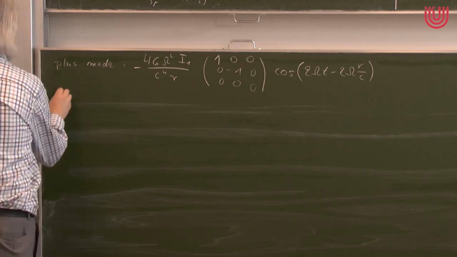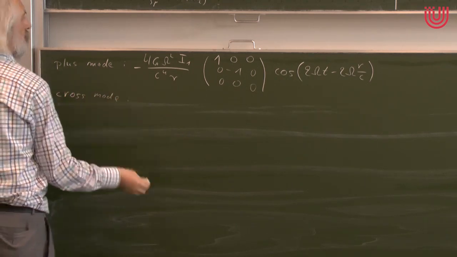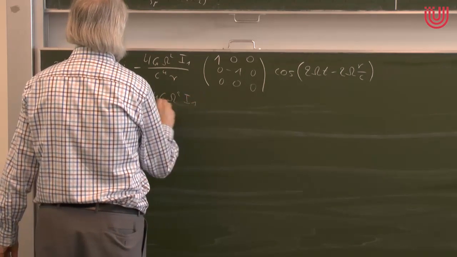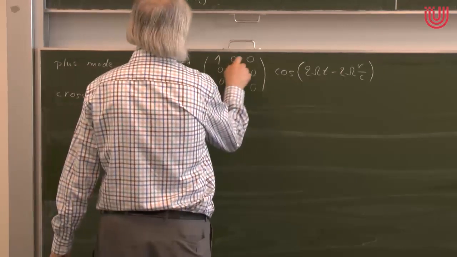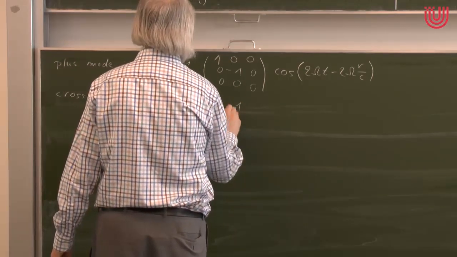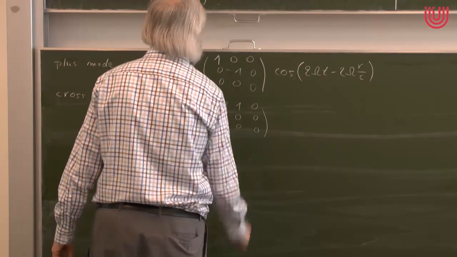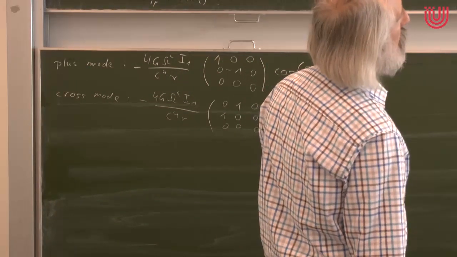And the cross mode is the one with the same amplitude. Then I have the ones here and here, and everywhere else zeros. And instead of the cosine, I have now the sine.